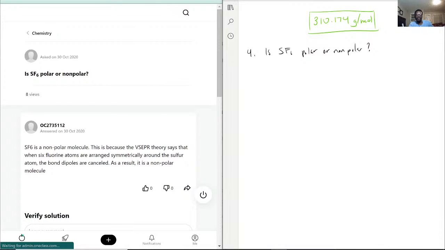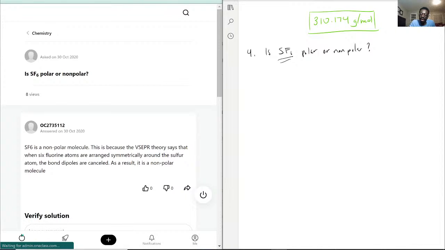So for this one, this is a very fair and interesting question because it comes with a few layers to it. The first thing we need to do to find out if it's polar or non-polar is to draw its Lewis dot diagram. So considering it's SF6, let's just draw what we do know.